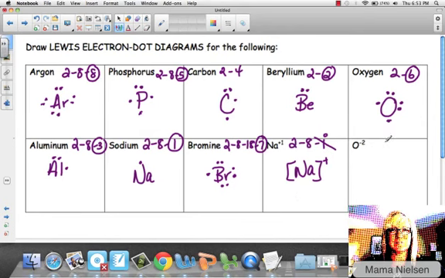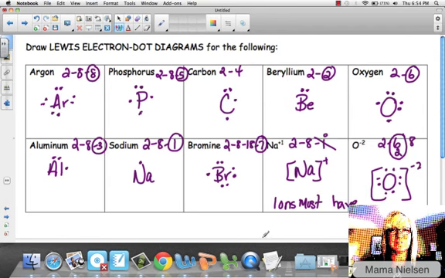Oxygen is 2, 6 normally. However, the -2 means it gained 2. So now it is 2, 8. So I draw my O. 1, 2, 3, 4, 5, 6, 7, 8. It's an ion. It must have brackets and charge, -2. So ions must have brackets and charge.